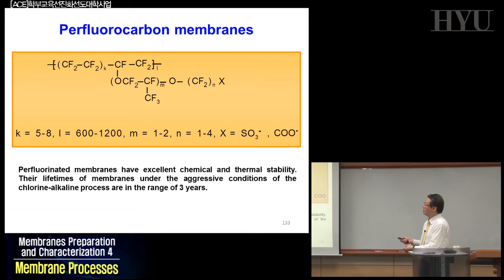But Nafion was a very novel polymer, though expensive, so although it could be utilized in a chloralkali process, the polystyrene-based ion exchange membrane has long been used in those industries.